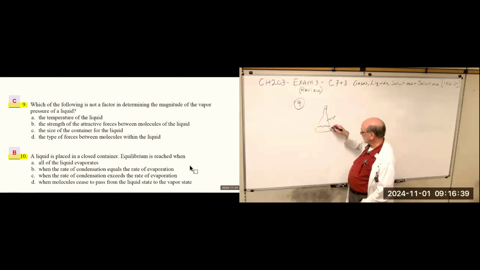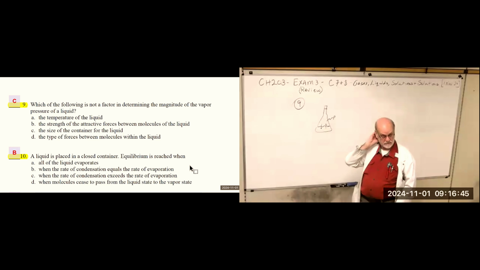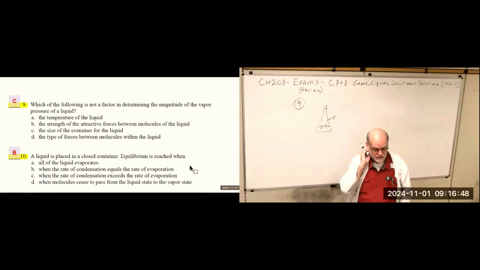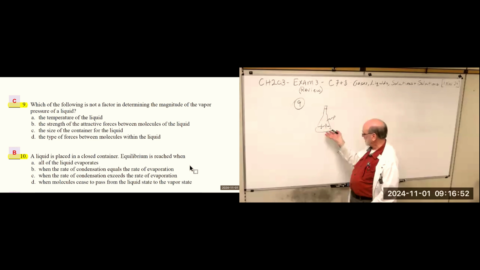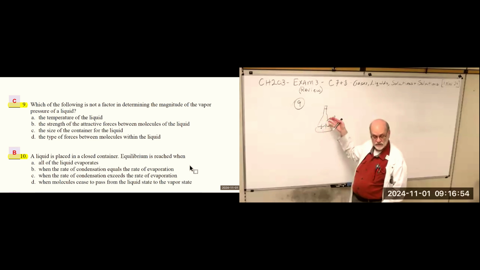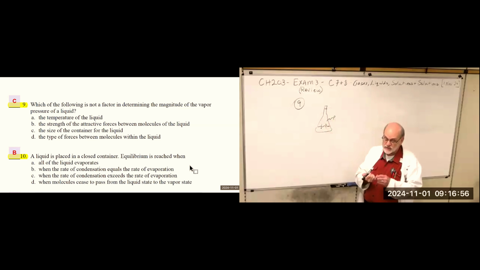And when it reaches equilibrium, the rate of evaporation equals the rate of condensation. Okay, that's what vapor pressure means. So what affects the movement of one direction or the other? One major factor is temperature.